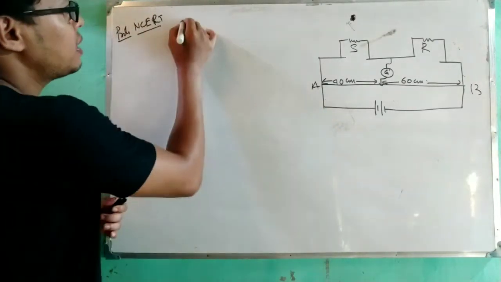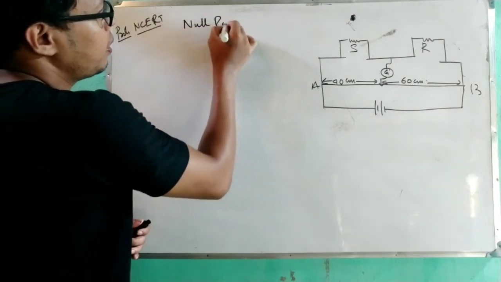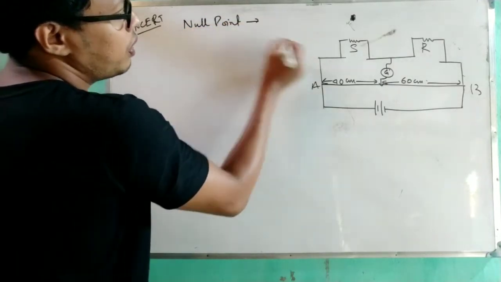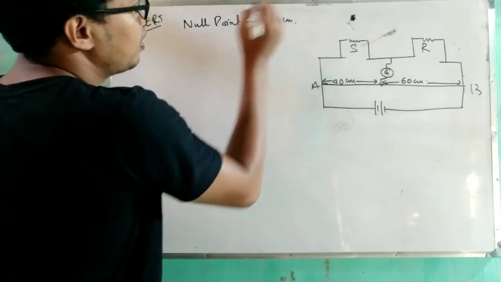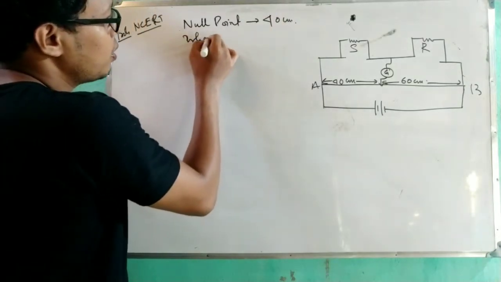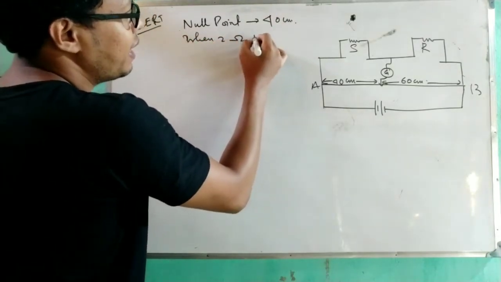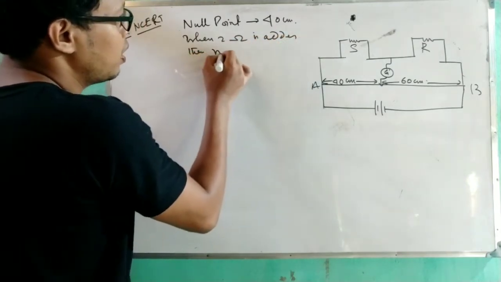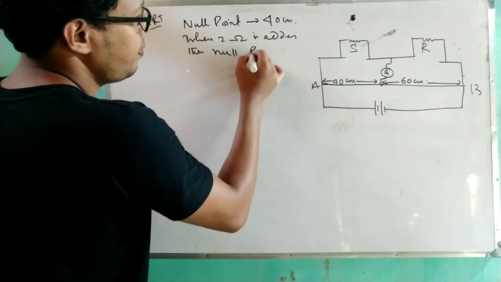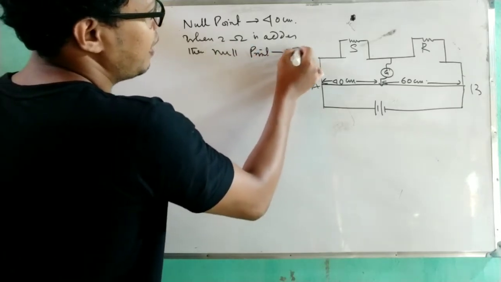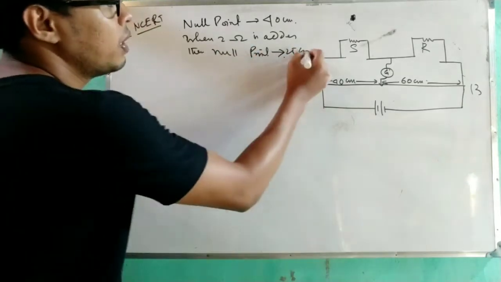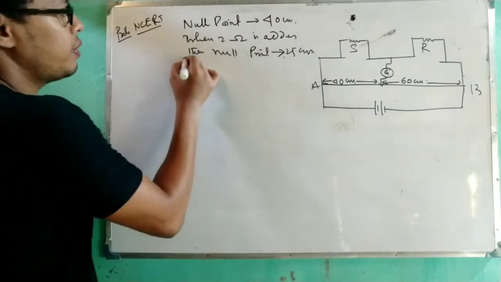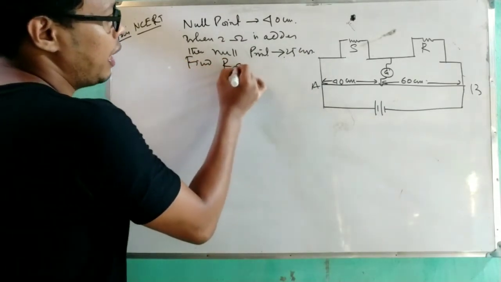So the first null point was obtained at the 40 centimeter mark. When the 2 ohm resistor is added, then the null point we got is at 25 centimeter. Then the question is, find R and S.